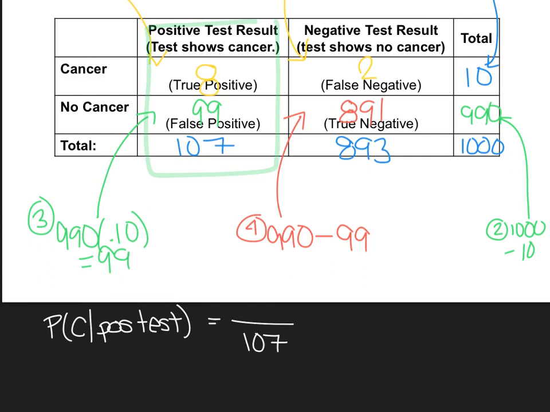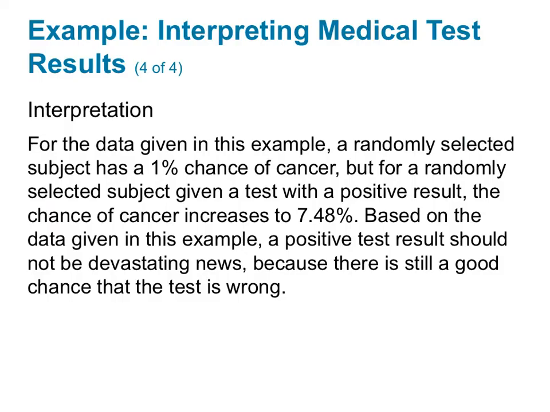And then of that 107, how many have cancer? If you look at where I have that green box around, 8 of those have cancer. And we can put this as a decimal, so 0.0748. So again, we looked at the positive test results first, and then how many of that positive test result had cancer.